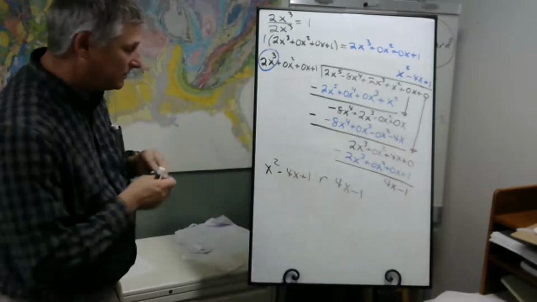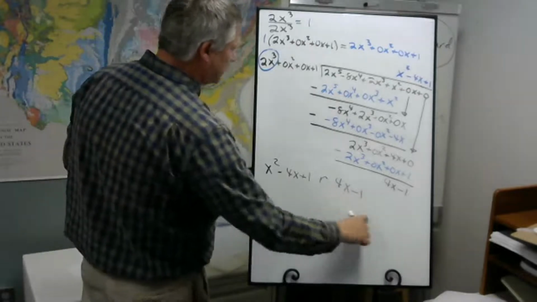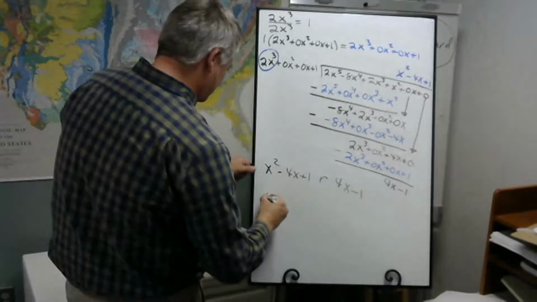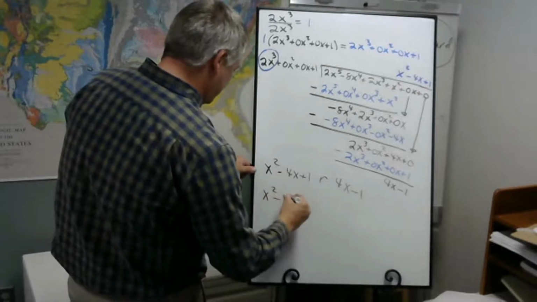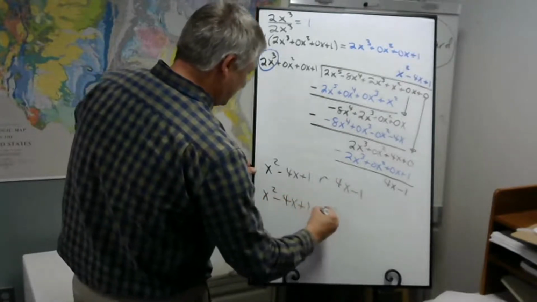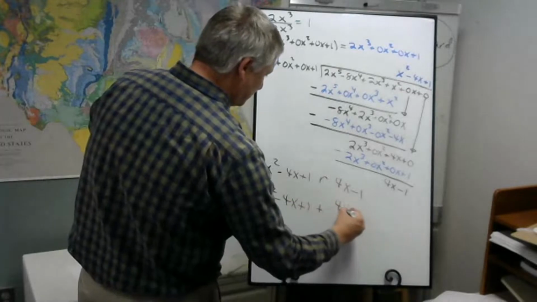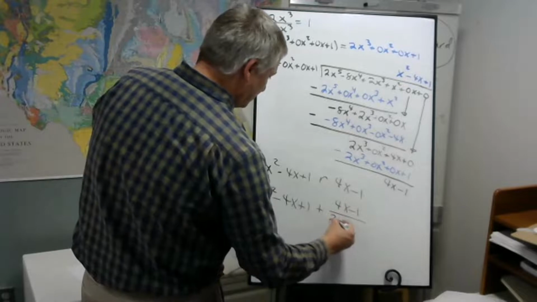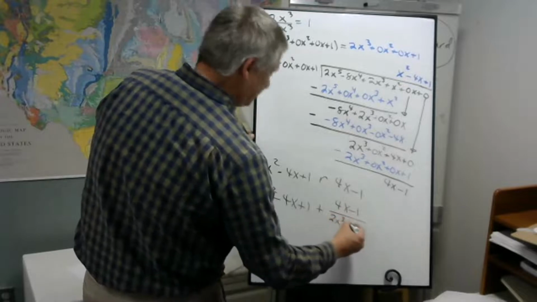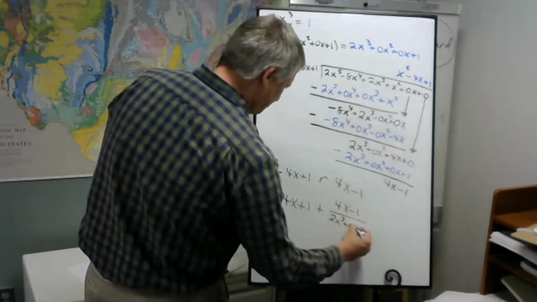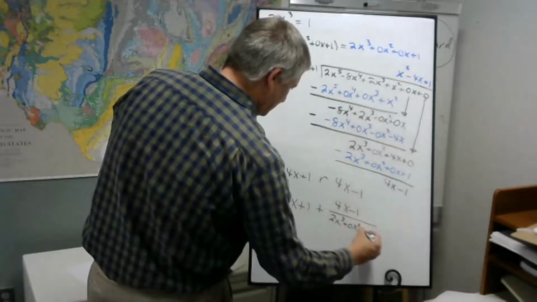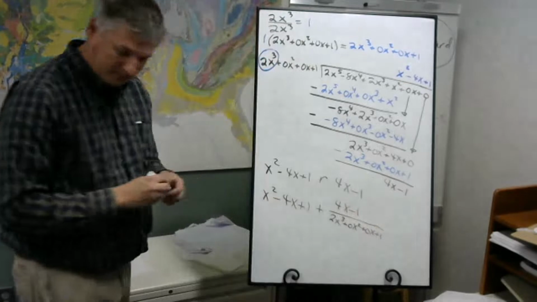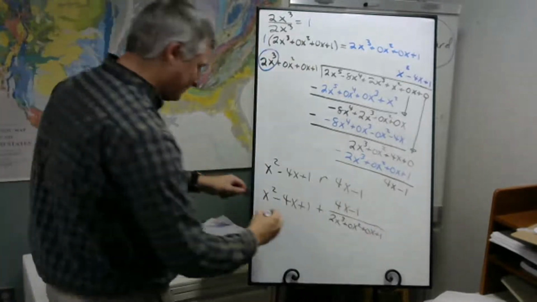So what that means, again, we write the remainder when it's divided by the divisor: x squared minus 4x plus 1 plus 4x minus 1 divided by the divisor.